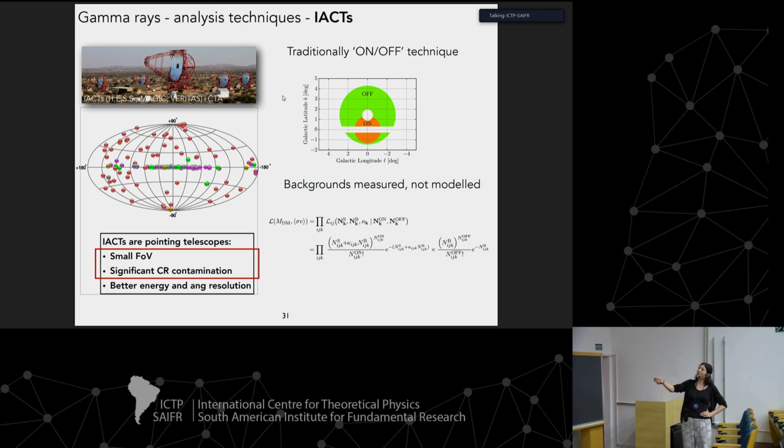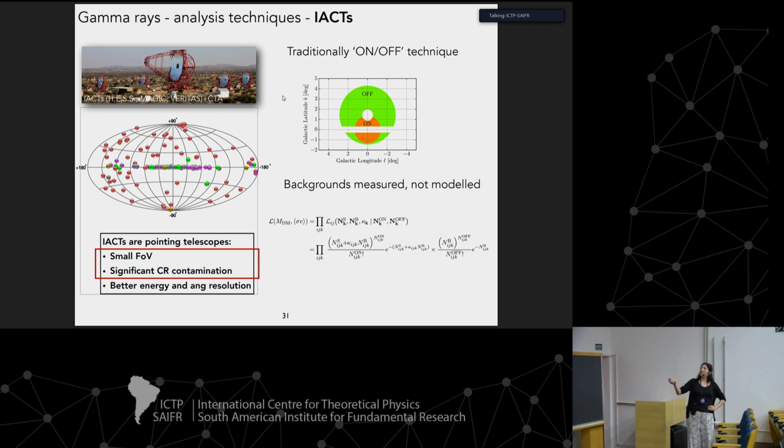And then in the likelihood, they sum up how well, in this on region, the model plus the background as measured off fits the data, okay? So they're fitting together the emission from the off region plus your signal emission to the data in the on region. So this is smart.